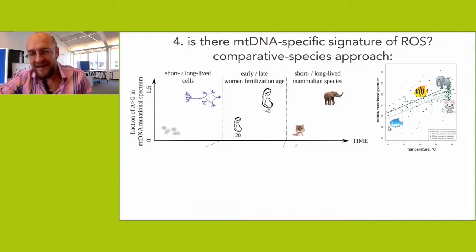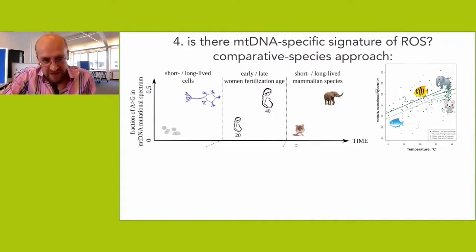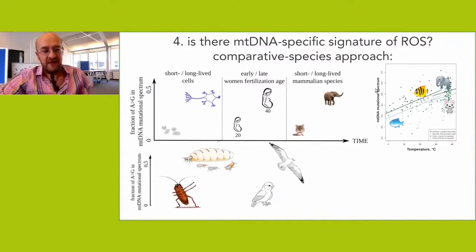So we can say that the same signature is associated not only with aerobic metabolism, with aerobic damage, which is associated with aging here, but it's also associated with normal basal metabolic rate, which is driven by temperature in this case.